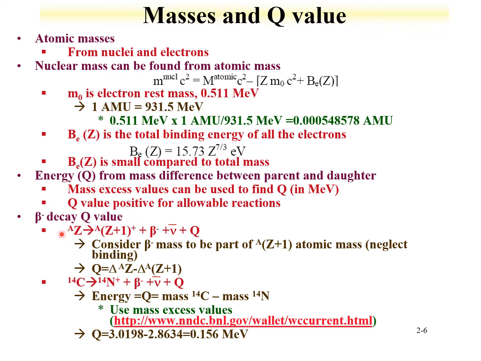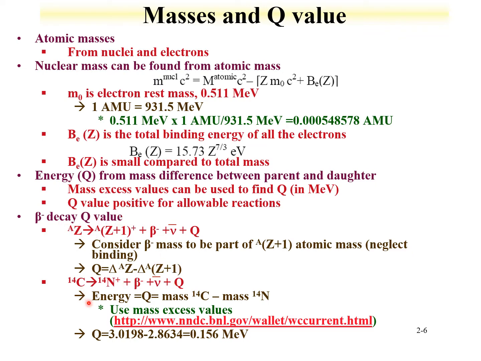Since we're converting a neutron into a proton, Z goes to Z plus 1, the charge goes up. Well, let's just consider this electron as part of this. Okay, we're neglecting the binding energy, but that's okay. We know that's not something we really need to be concerned about. So the Q value is equal to the mass excess of the parent minus the mass excess of the daughter.